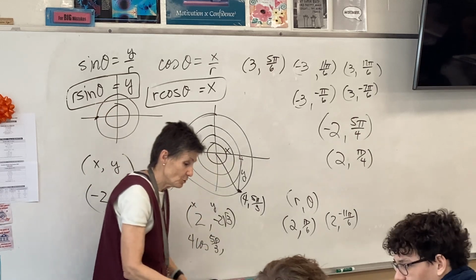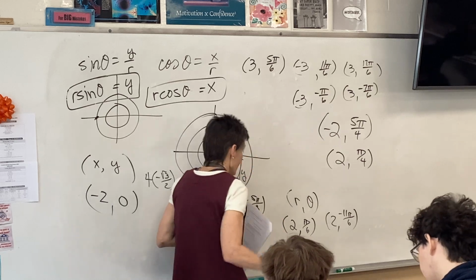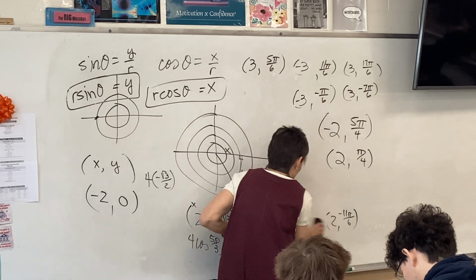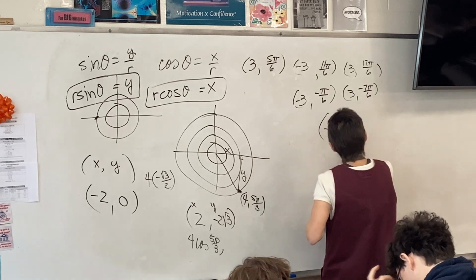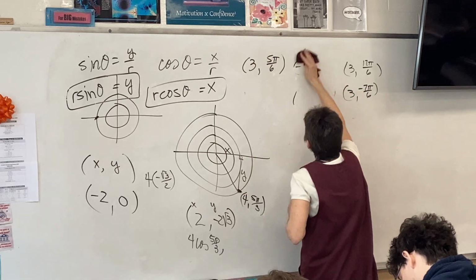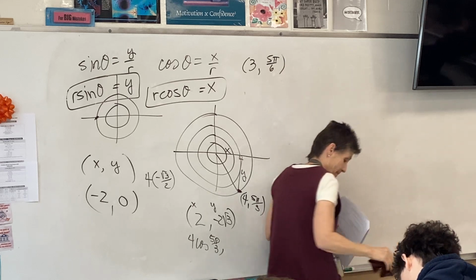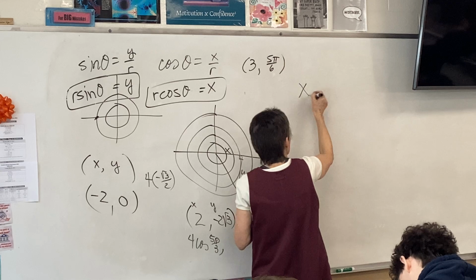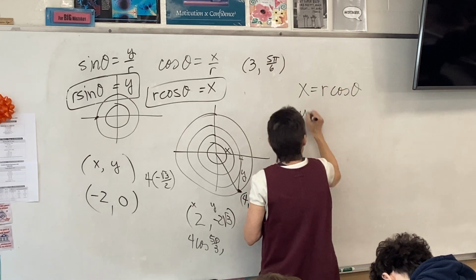All right, do C. Remember, x is simply r cosine theta, and y is simply r sine theta. That's never changed. You know that. X is r cosine, y is r sine.